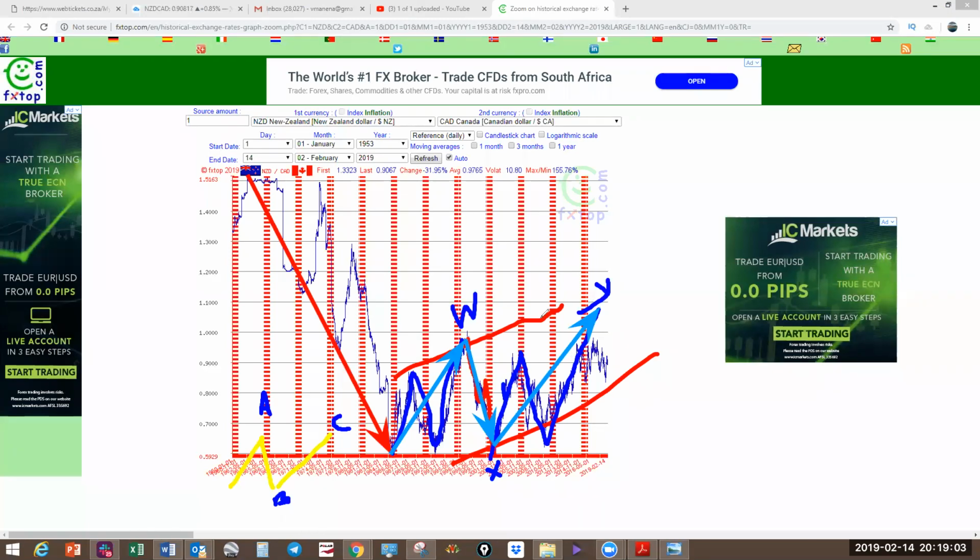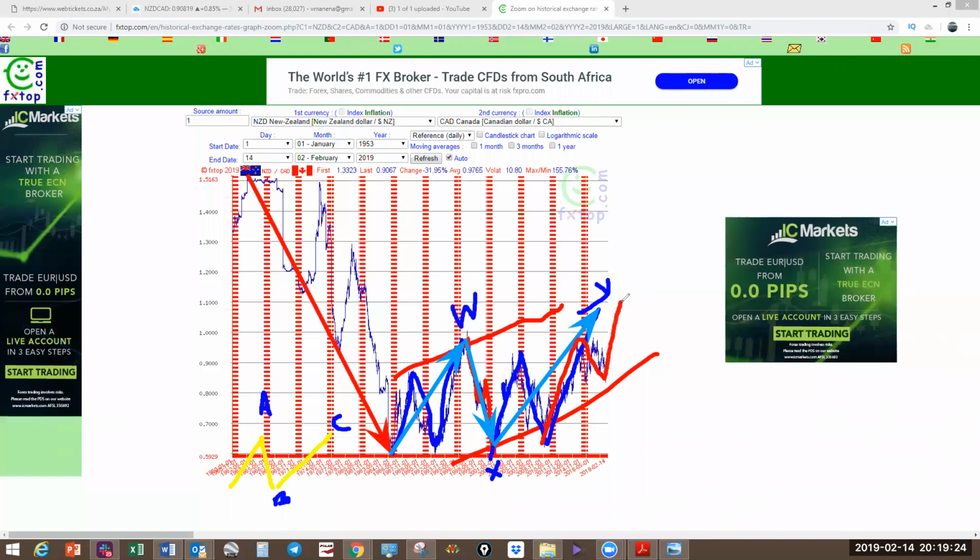If I'm looking at it as a WXY move, then there's a possibility that this swing here is a 1, a 2, and a 3, like that.